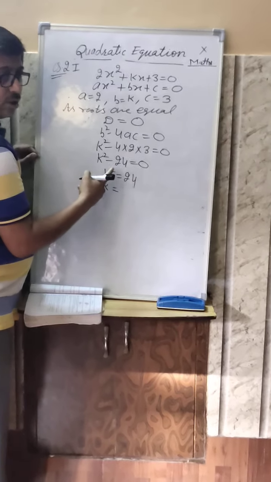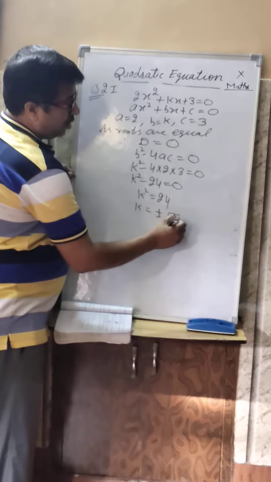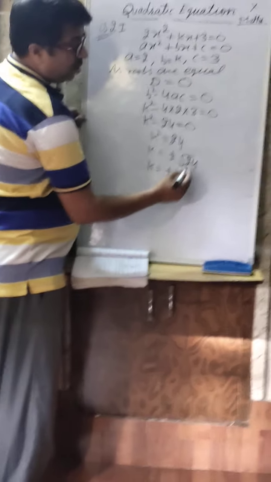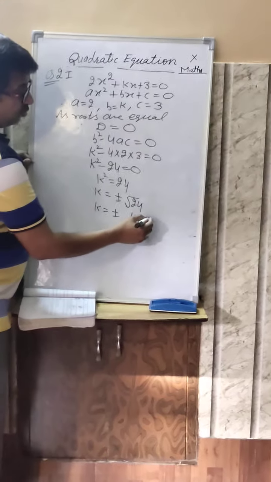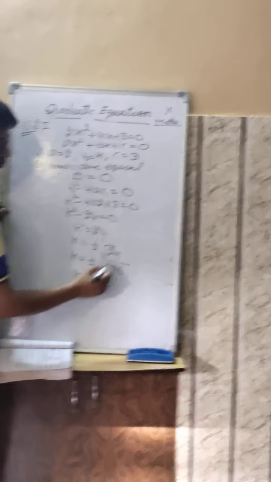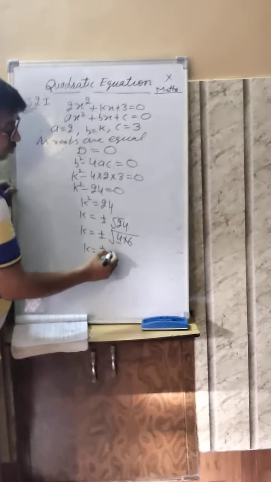So on both sides, you remove the square, the square root will come, you know very well. So k is equal to plus minus root 24, which means 4 times 6. k is equal to plus minus, and you see the square root of 4 is 2.